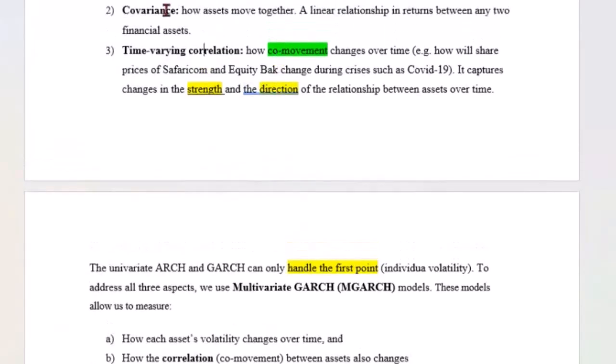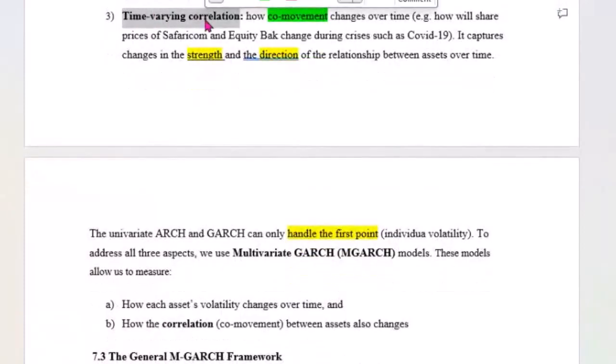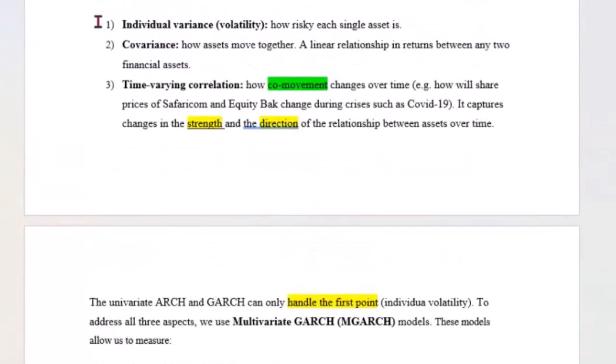So we want to see the individual volatility, and we want to see the covariance. Do they move together? If they move together, how is that movement? Do they increase at the same level? Is their magnitude of increase or decrease the same? Do they move in the same direction? So we are interested in these three things whenever we are analyzing the volatility of two or more variables.